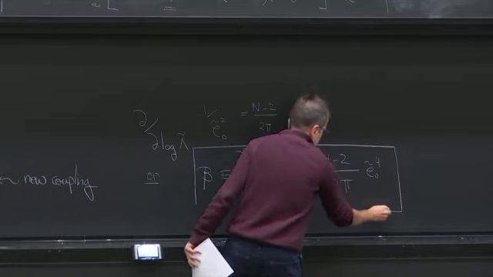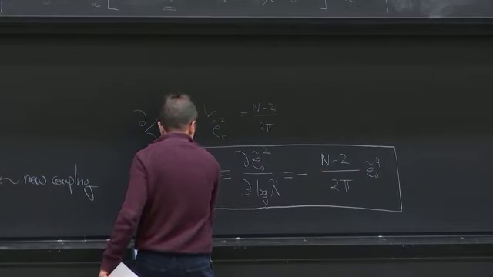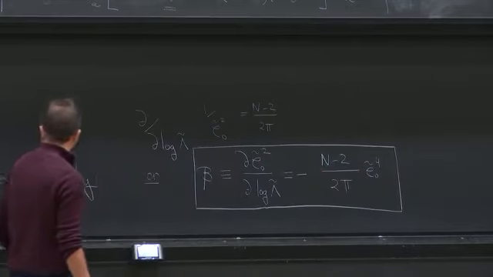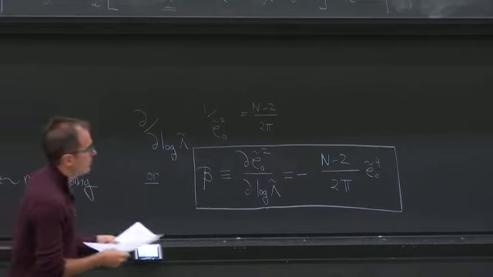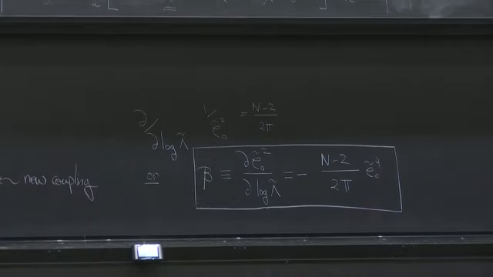Why is it n minus 2? Good question. Because I did a mistake here. There is a mistake here somewhere. Help me out. Where is the mistake? So this guy, the expectation value, gives delta AB.